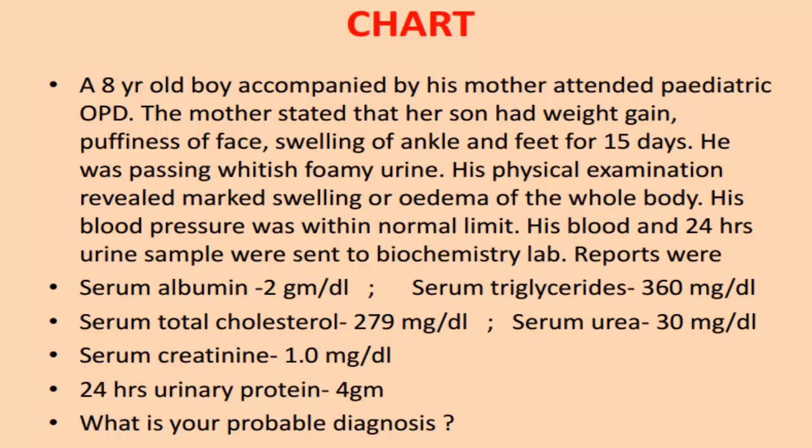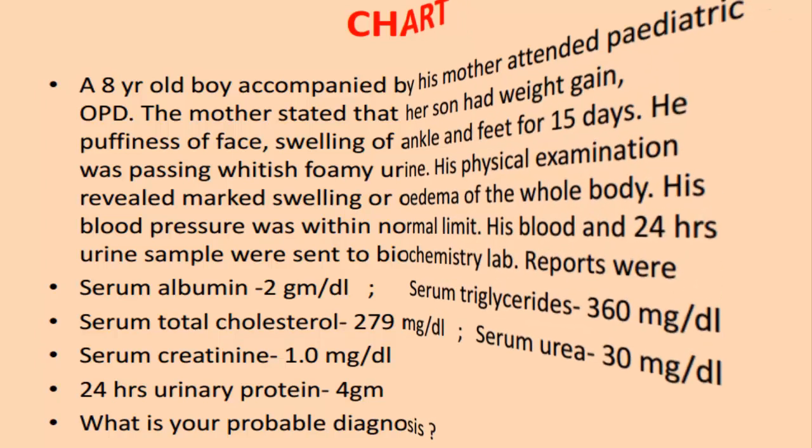His blood and 24 hours urine sample were sent to the biochemistry lab, and the reports were: serum albumin was 2 gram per dl, serum triglyceride 360 milligram per dl, total cholesterol was 279 milligram per dl, serum urea was 30 milligram per dl, creatinine 1 milligram per dl, and 24 hours urinary protein was 4 gram. So, what is your probable diagnosis?